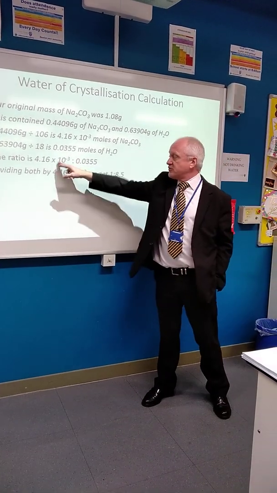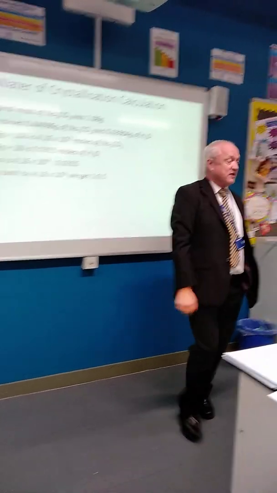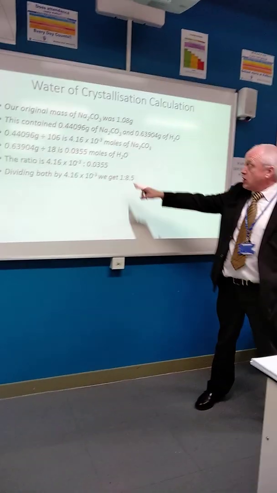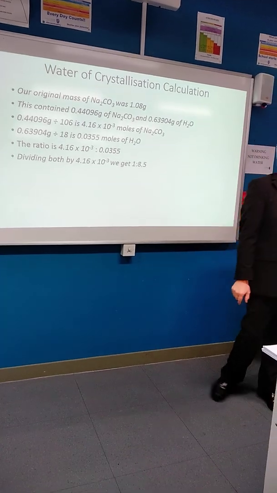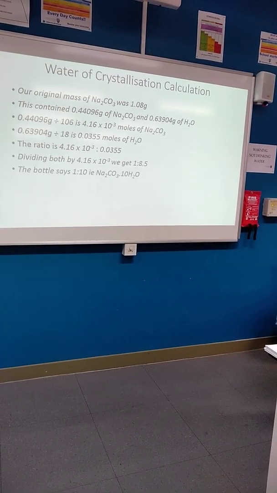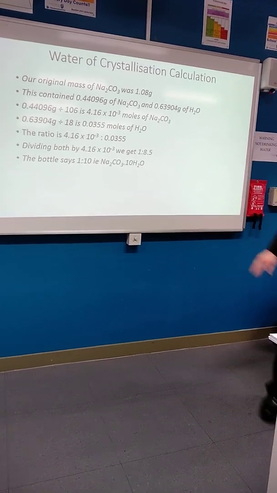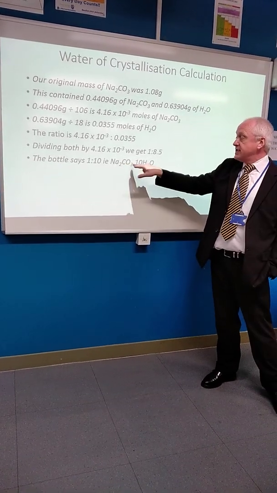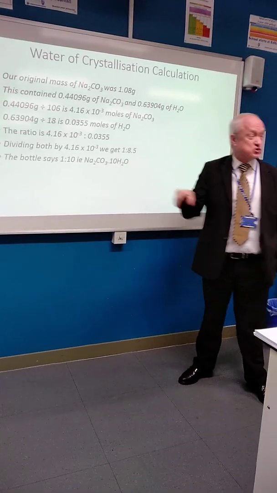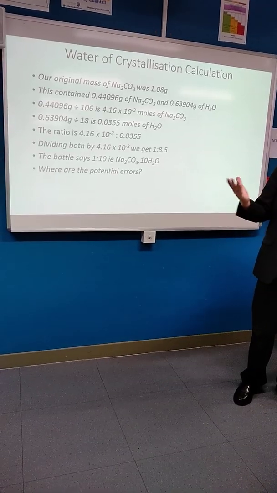We divide both sides by 4.16 times 10 to the minus 3, and so we get a ratio of 1 is to 8.5. Right? The bottle says it's 1 to 10. The bottle says it should be sodium carbonate dot 10 H2O.